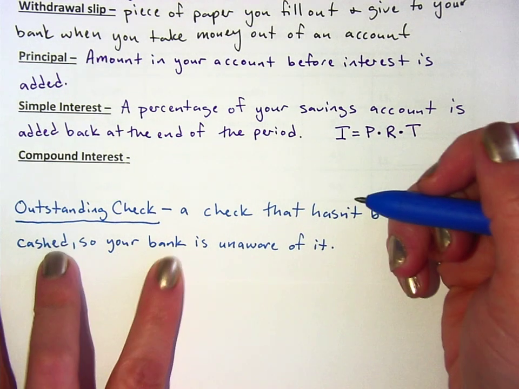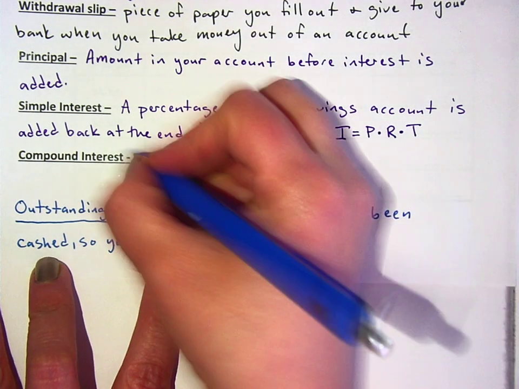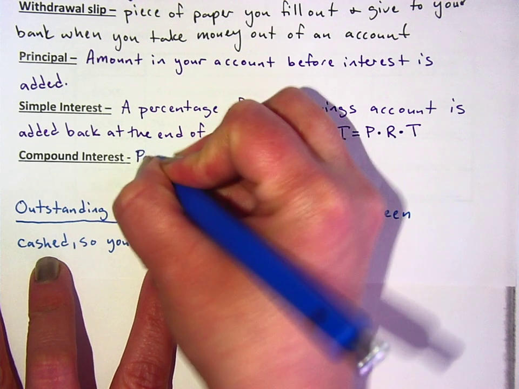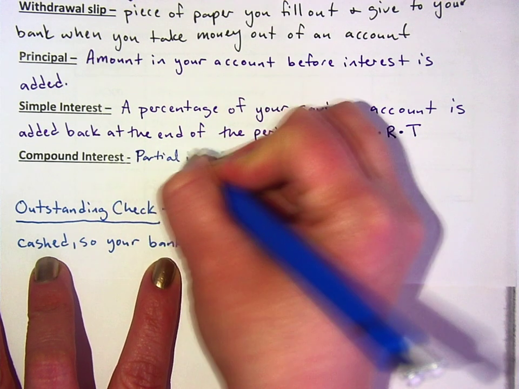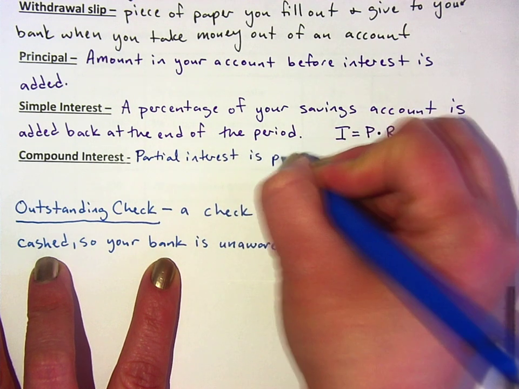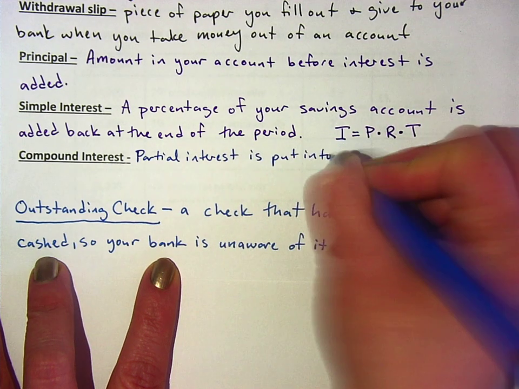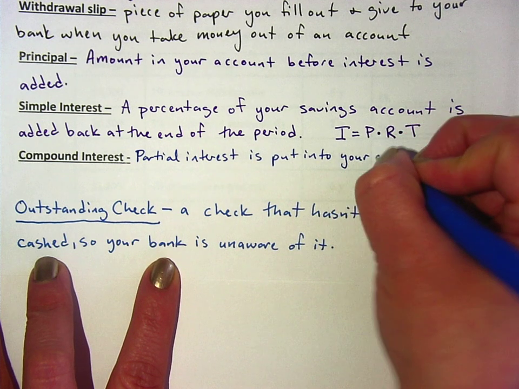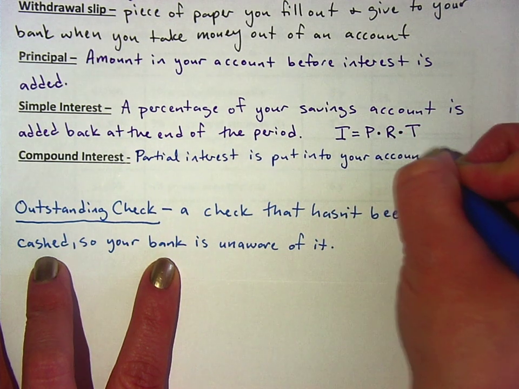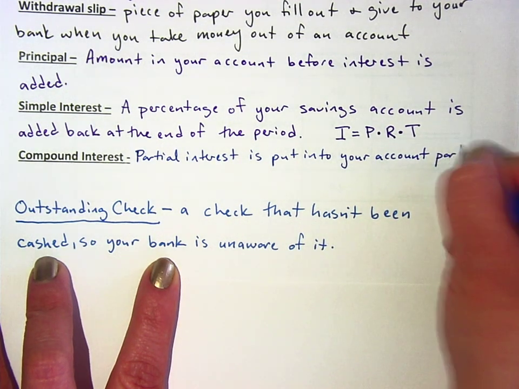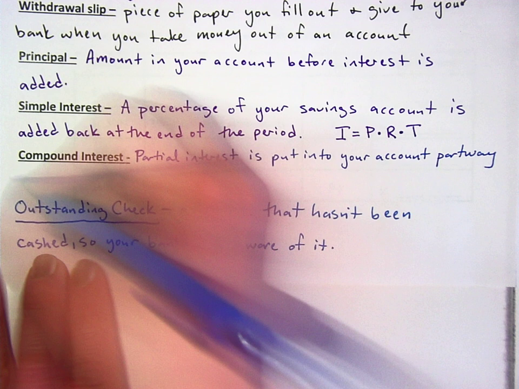All right. So compound interest is when partial interest is put into your account partway through the year.